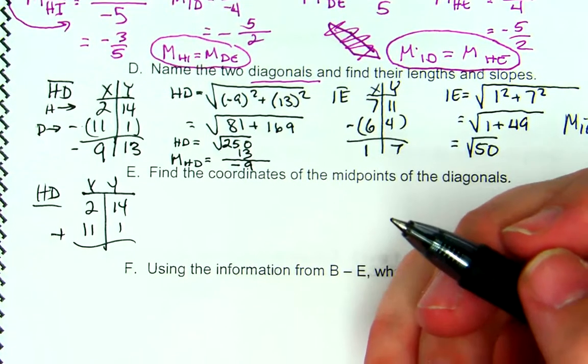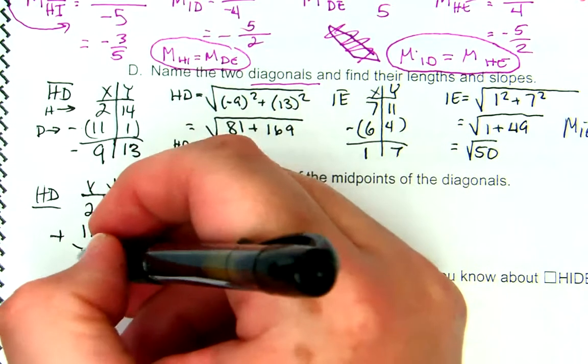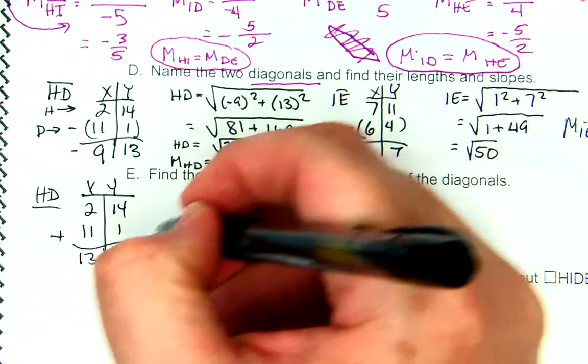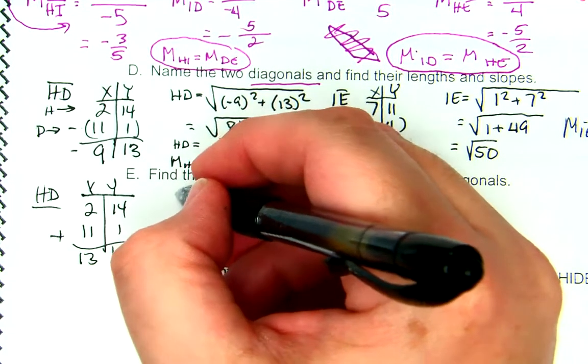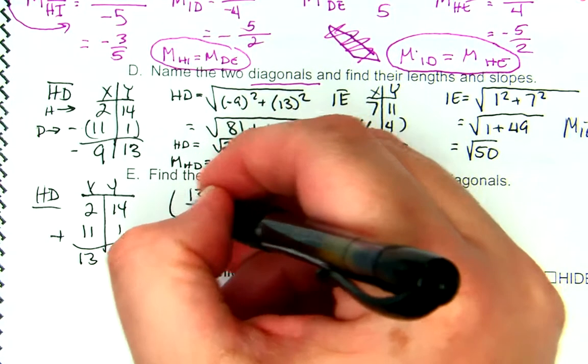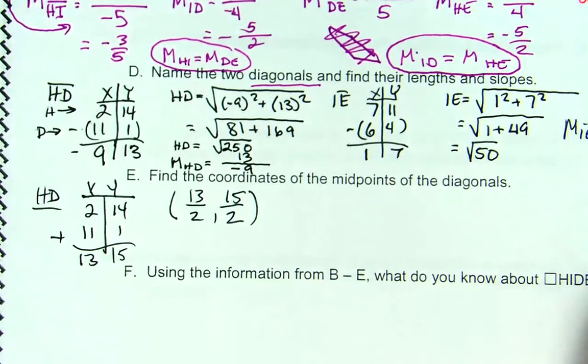Because midpoint, remember, is you add up the x's and the y's and you divide by 2. So there's 13, there's 15. I'm going to get 13 halves, 15 halves. That makes your midpoint a whole lot easier to find.